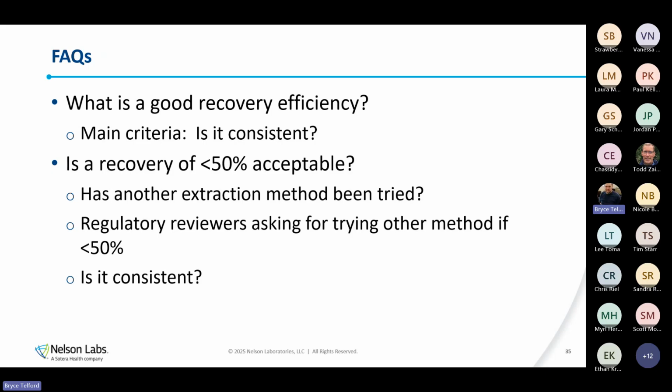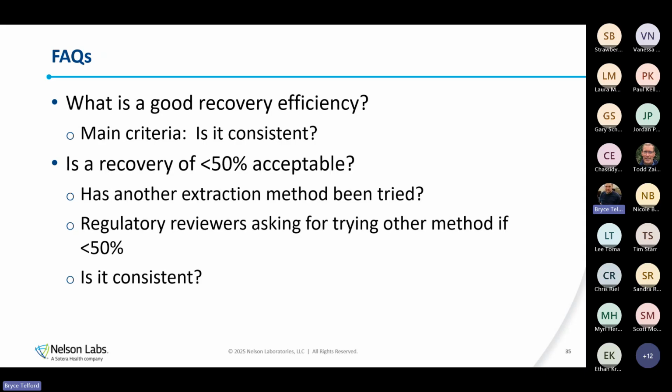So again, consistency of the recovery efficiency really is the more important, and it is the main criteria of the standard, not that arbitrary 50%. I can have a terribly inconsistent recovery efficiency and still hit that arbitrary 50%. It doesn't mean it's a good recovery efficiency just because I'm at 50%.